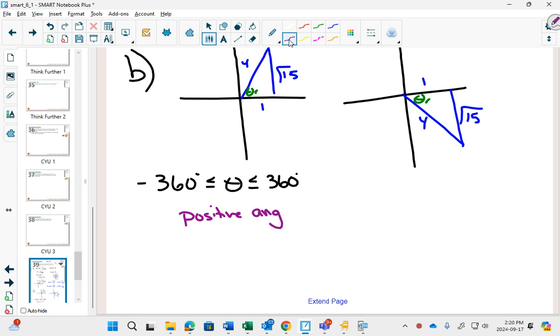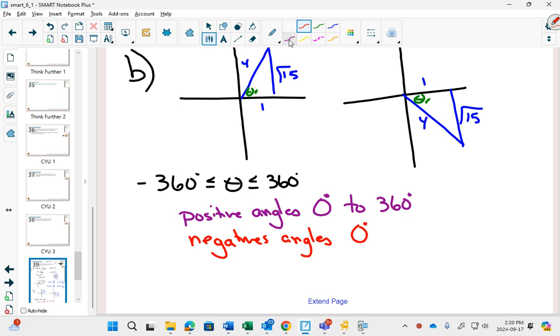I'm going to think of it as positive angles. Well, the positive angles, that's easy. That would start at 0 degrees and go to 360 degrees. And in red, I'm going to think about negative angles. And negative angles also start at 0 degrees, but in this case, they would go to negative 360 degrees. Can you see that positive angles from 0 to 360 would be once around the circle in the positive direction?